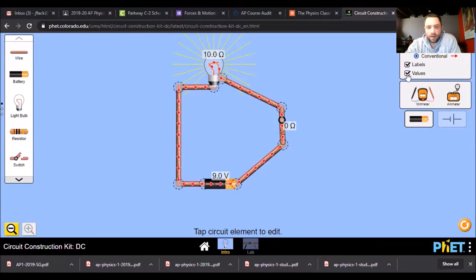And if I check out the values of things that are going on, I have 9 volts from my battery flowing through, and I've got 10 ohms for my light bulb. And if we wanted to measure the current in our circuit, as you might expect, it'd be 0.9. And like I said, you can play with this, you can put all kinds of different resistors and stuff in there and see what it does, but that is your basic circuit.